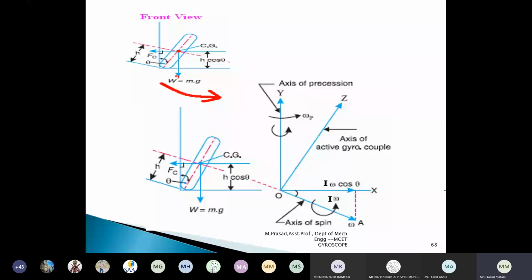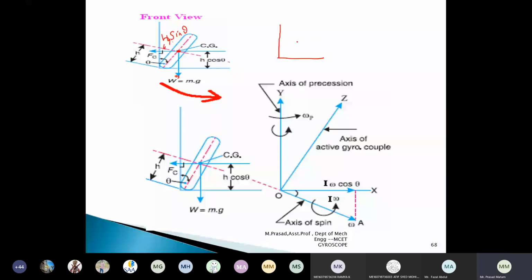So this portion we can call h sin theta. This is h sin theta. Just let me draw it separately here.